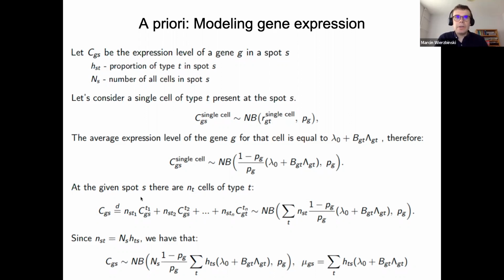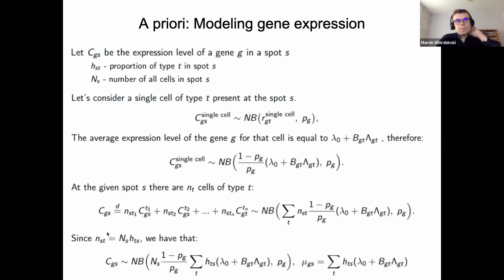This is the place where we use the properties of the negative binomial, because the negative binomial has a useful property for two independent variables: the sum of independent negative binomial variables is equal to this distribution. These equalities mean distribution equalities.